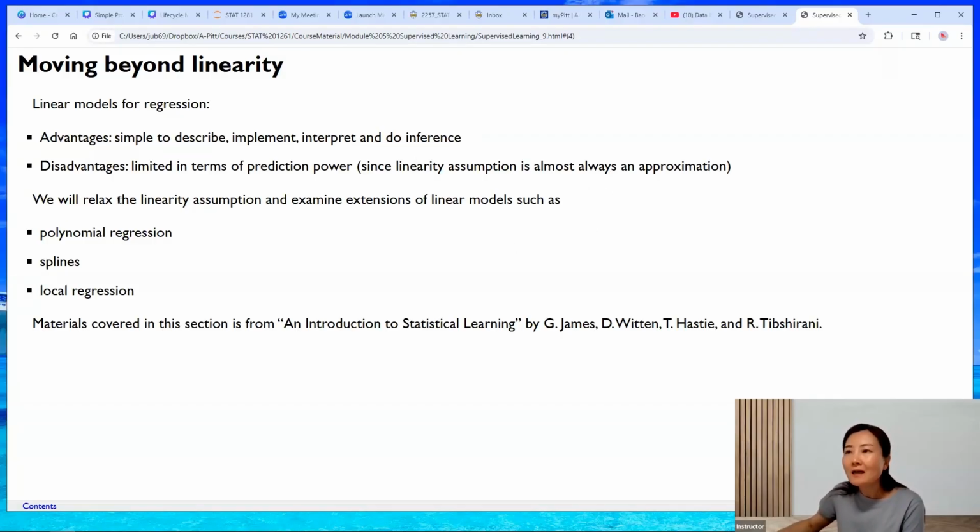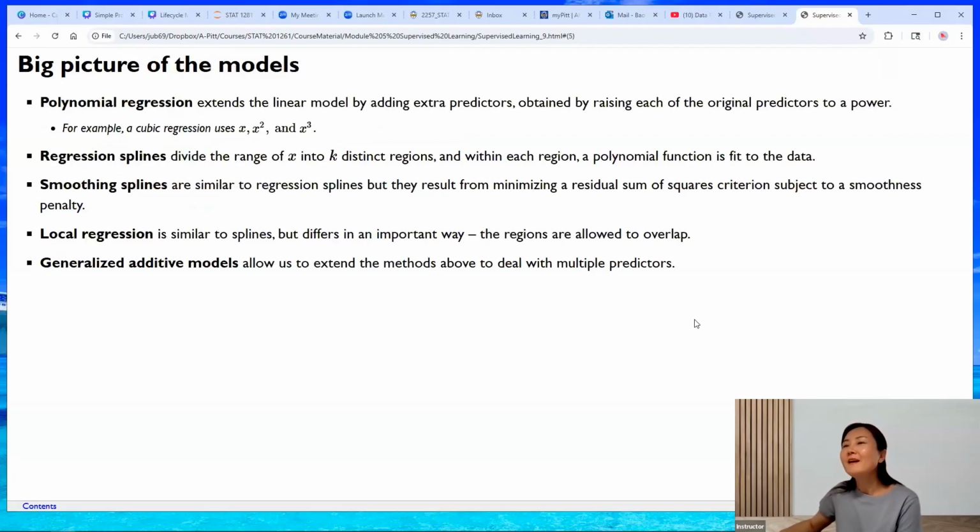So now we'll relax the linearity assumption and examine extensions of linear models, such as polynomial regression, splines, and local regression. All of the content in this lecture is from this book, An Introduction to Statistical Learning. It is a very good textbook for the theories in machine learning.